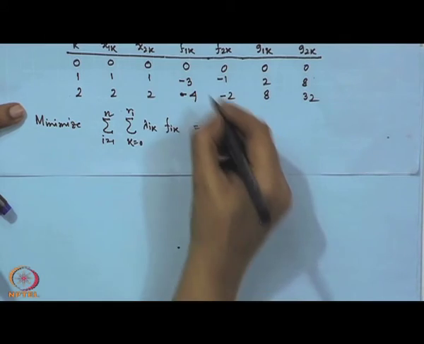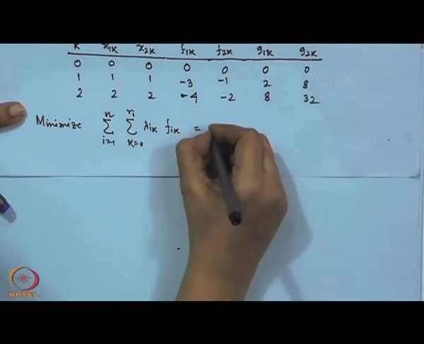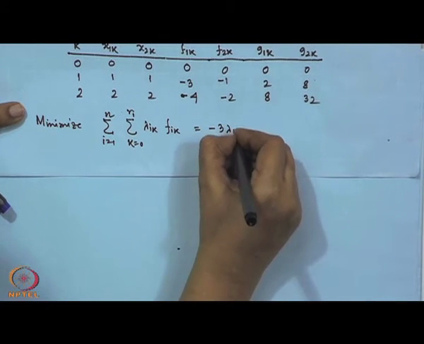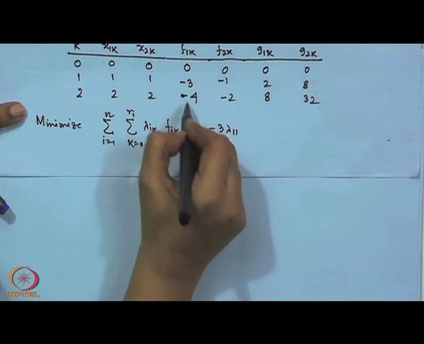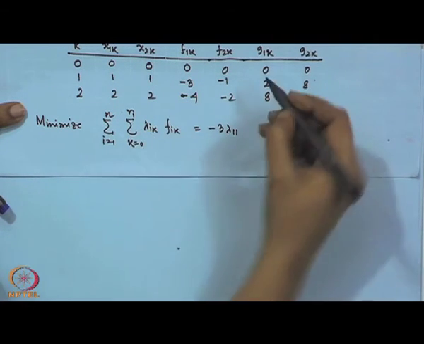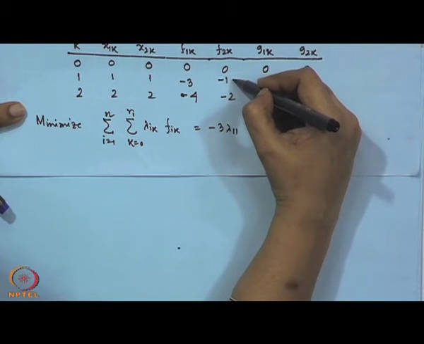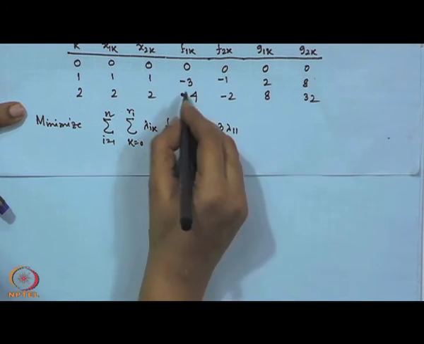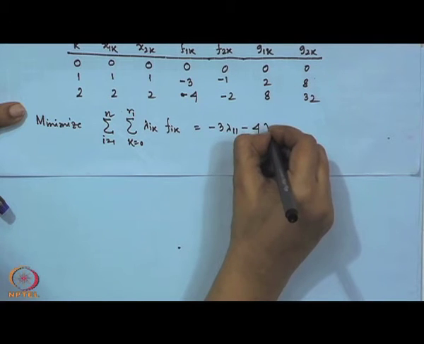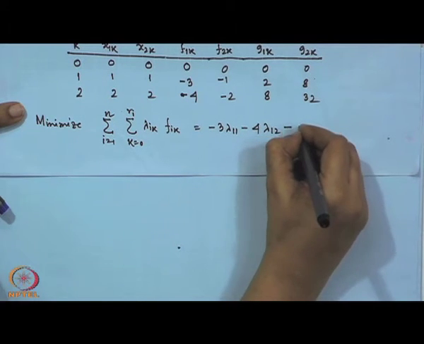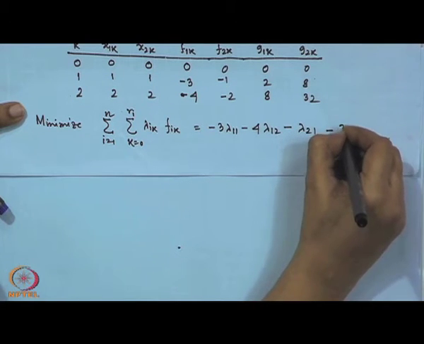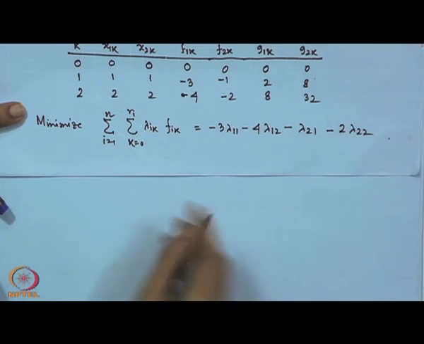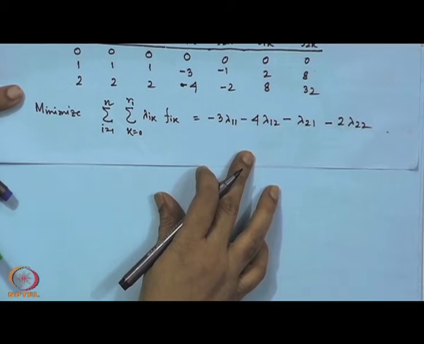Here it is equal to minus 3 lambda 11, because we introduce lambda 10, lambda 11, lambda 12, lambda 20, lambda 21, lambda 22, then minus 4 lambda 12, minus 1 lambda 21, minus 2 lambda 22. This is the objective function for us.